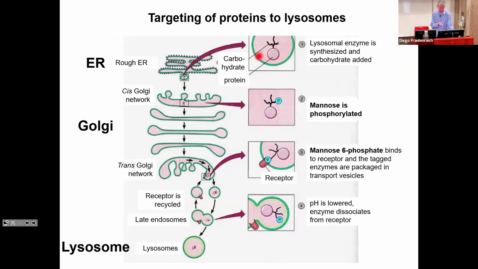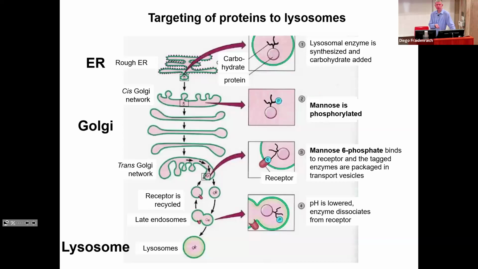In the endoplasmic reticulum, proteins obtain a sugar chain, an oligosaccharide, and this oligosaccharide is specifically modified at the mannose.